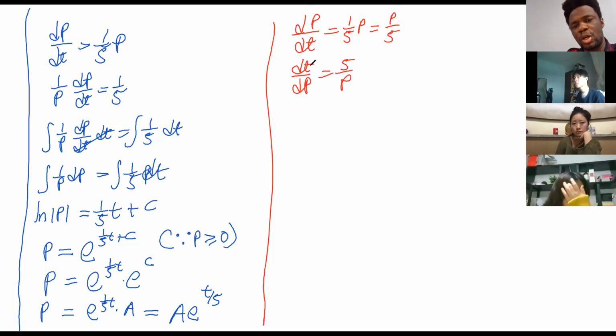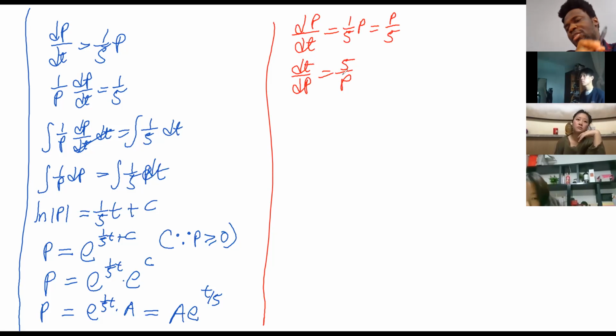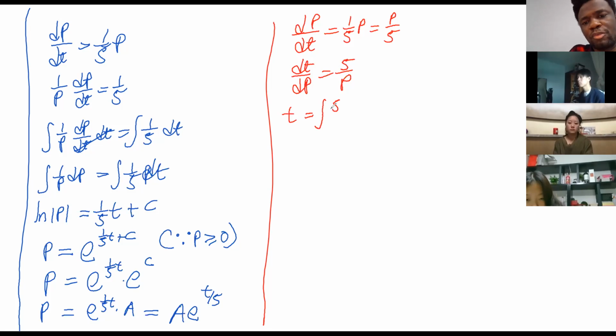Now, this becomes your dependent variable, and this becomes your independent variable, like your x. So now you have it in the form of dy/dx as a function of x. Understand? In that case, you can say, oh, t will be the direct integral of 5 over p dp. Yes?